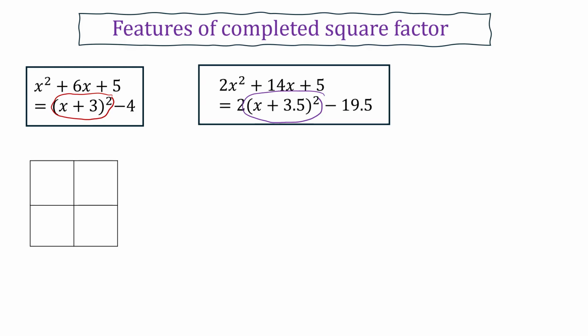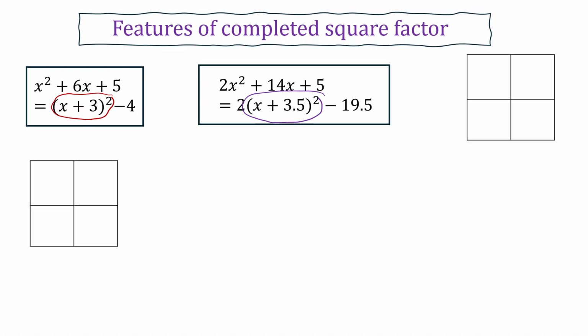And the one that I've circled is the completed square factor. So therefore, what do you observe from these two examples? And why do you think I drew 2 big squares there?